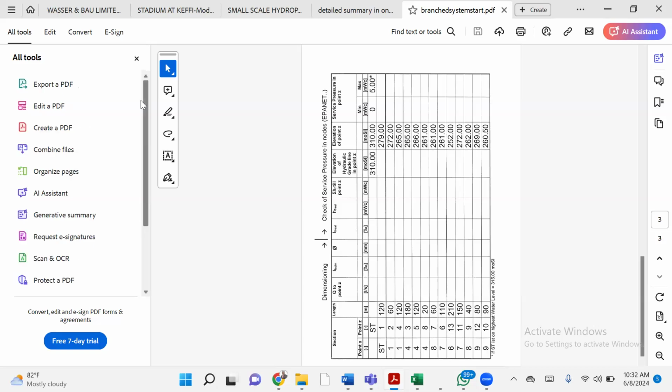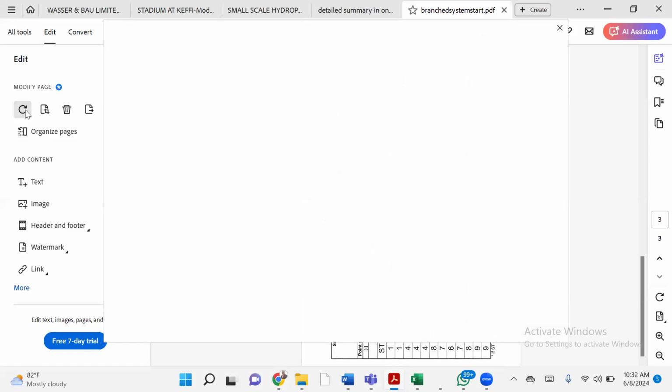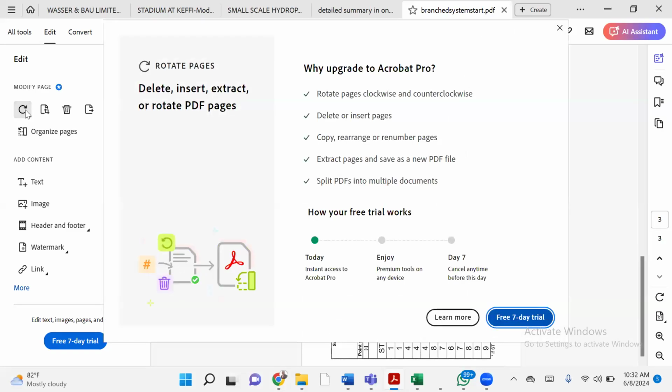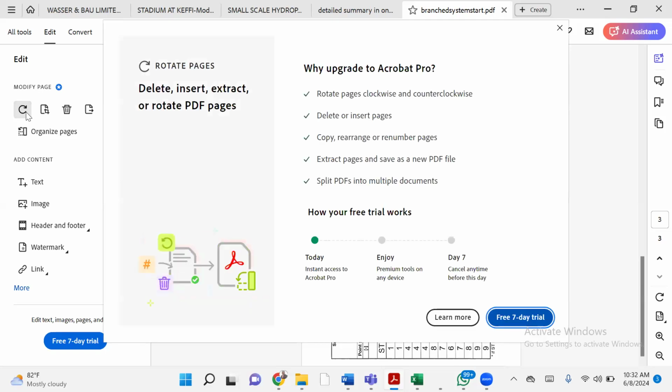Rotate is in edit. Edit. Sorry? Under edit now. Edit. Rotate. Okay, yeah. Can't believe it. Close that one. Just cancel that one. Rotate again.